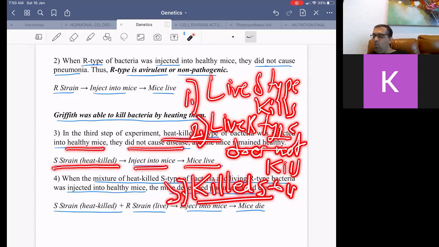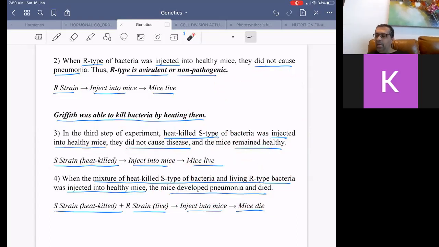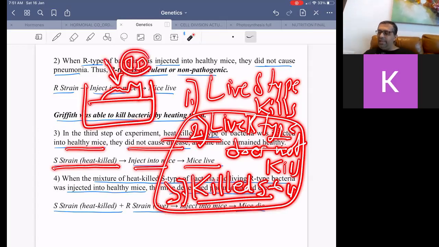Now what did he do? He mixes the live R-type and the killed S-type. So he took an agar-agar plate and inside it there was live R-type. On top of it he mixed the killed S-type bacteria. Killed S-type bacteria were mixed with it.